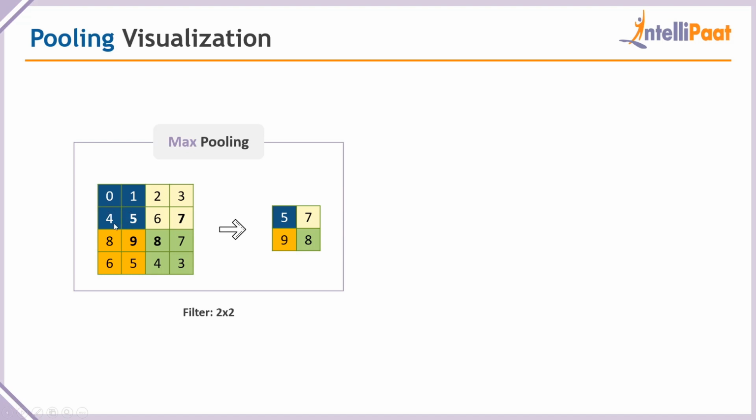So we club all of these and just pick the maximum. 2, 3, 6, 7. What's the maximum? It's 7. Then 8, 9, 6, 5. The maximum from the orange is 9. Similarly for the green one, it's 3, 4, 7, and 8. Obviously the biggest number here is 8. That's why there is a term called max pooling.